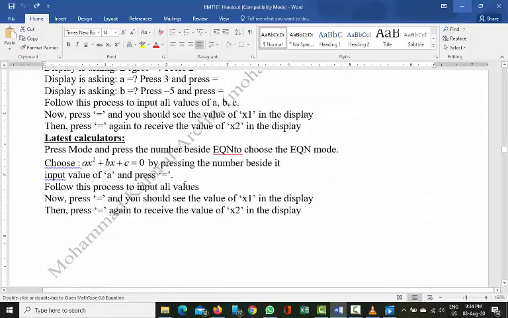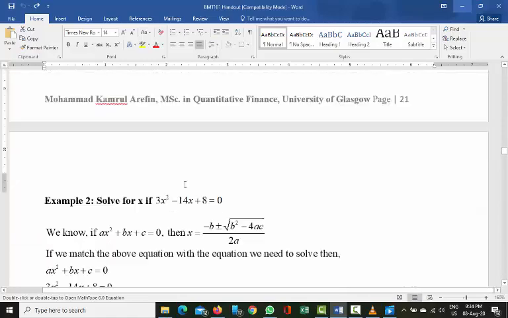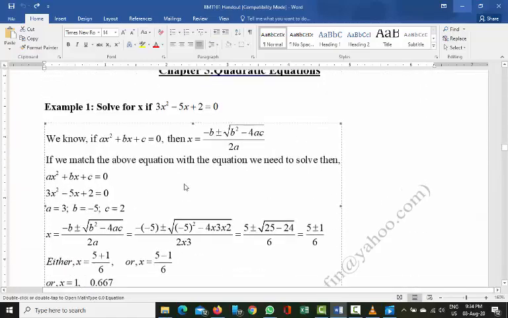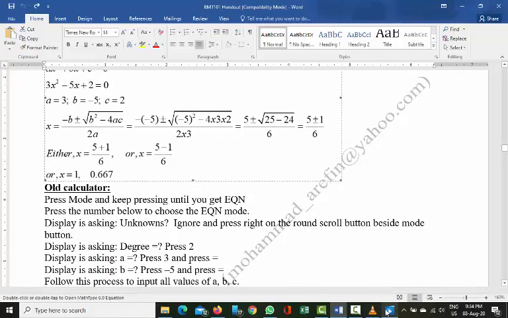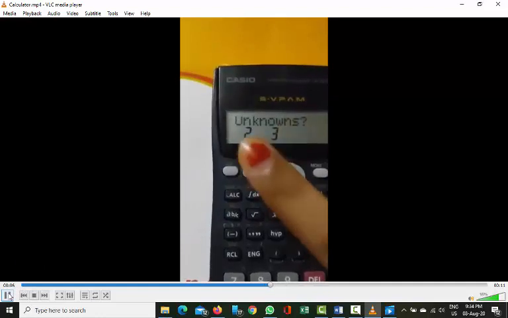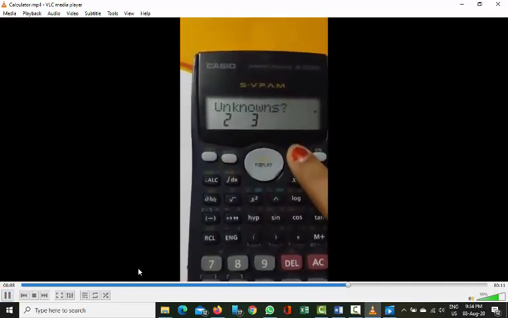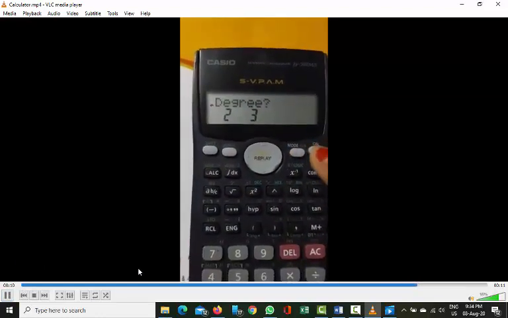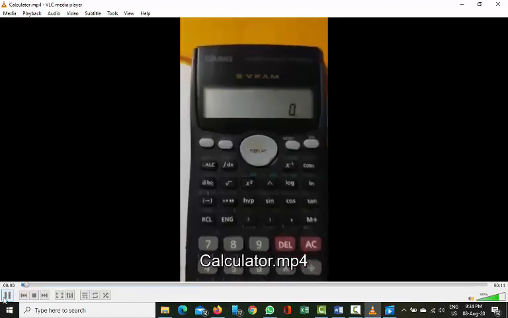But if you are using the old form of calculator, that means if you are using this form of calculator, in that case what do you have to do?